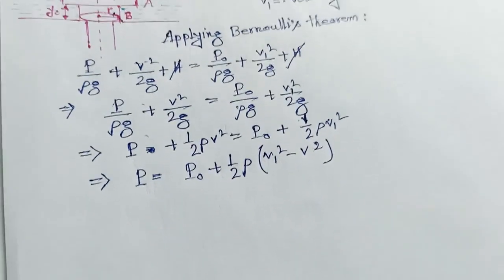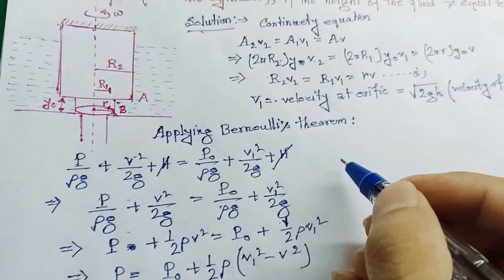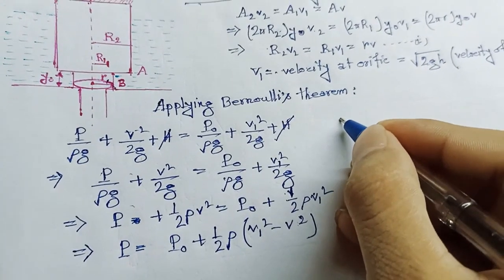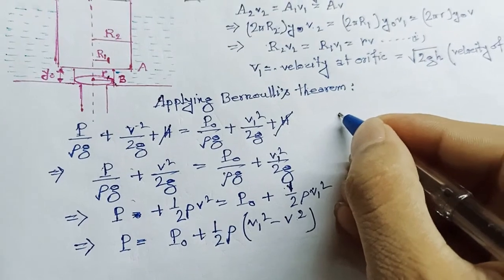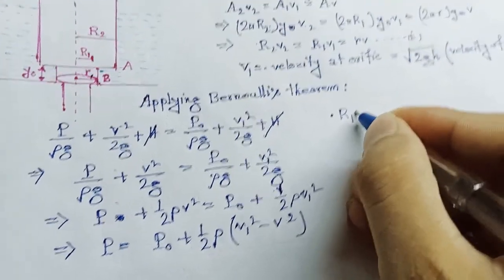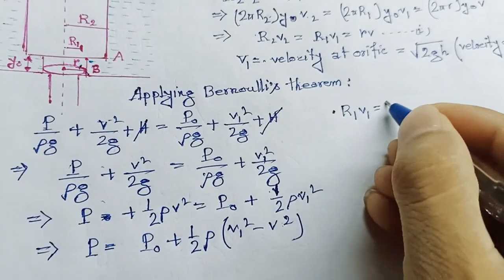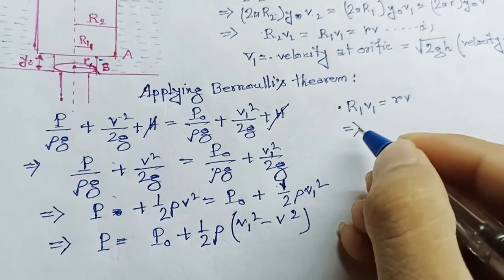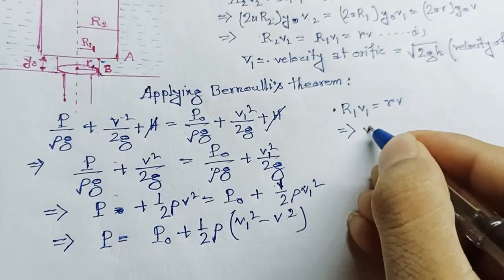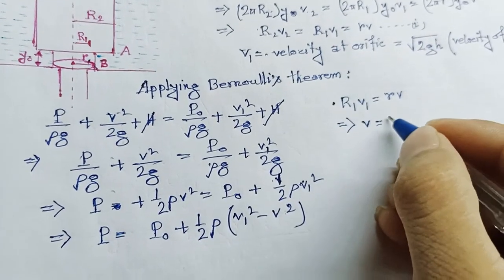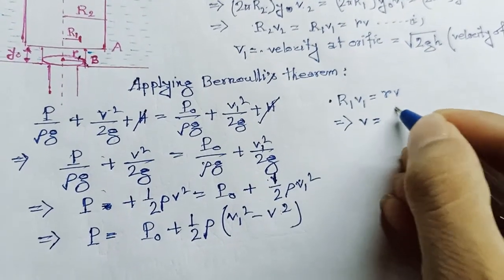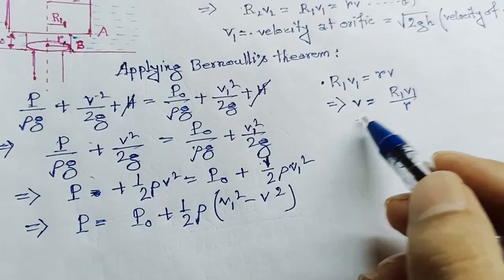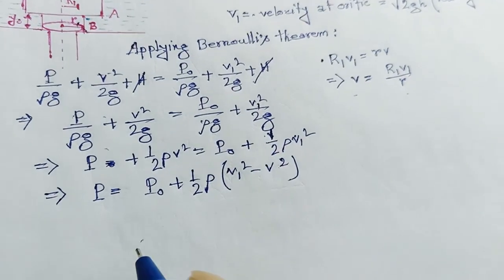Now from the continuity equation, we got r1 v1 equal to r v. Now we can replace the value of v. So our value of v will be r1 v1 divided by r. Now we'll replace the value of v in this equation.